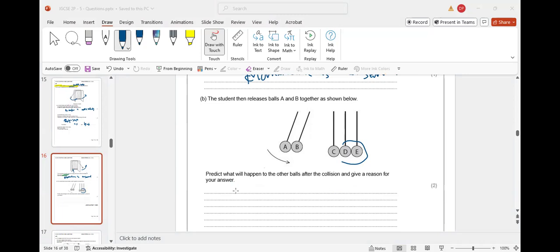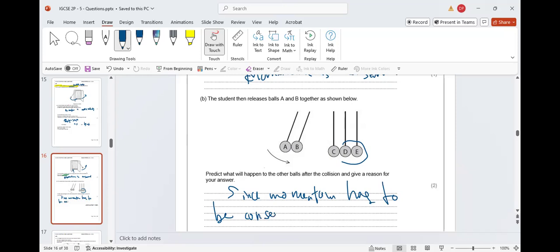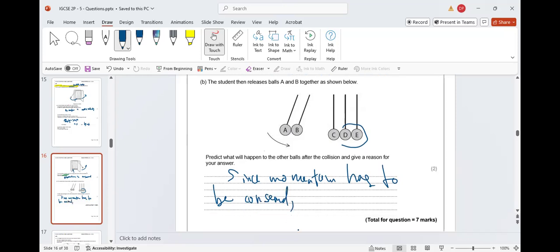Since momentum has to be conserved, balls D and E will rise up.